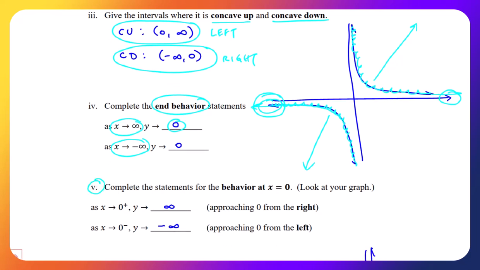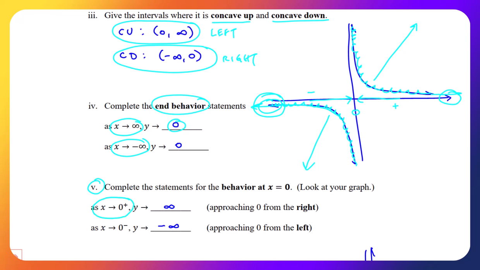Now this one's a little different. We can talk about approaching 0 from the right and approaching 0 from the left. If we approach 0 from the right, we're approaching it from the positive end. And if we approach it from the left, we're approaching it from the negative end. So that's what this means.